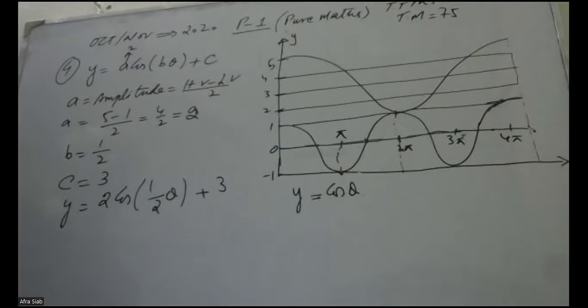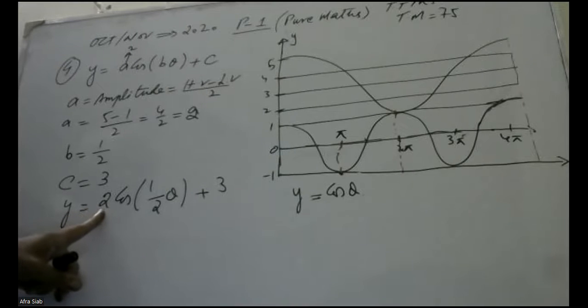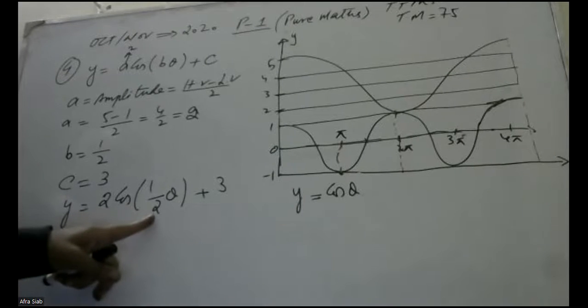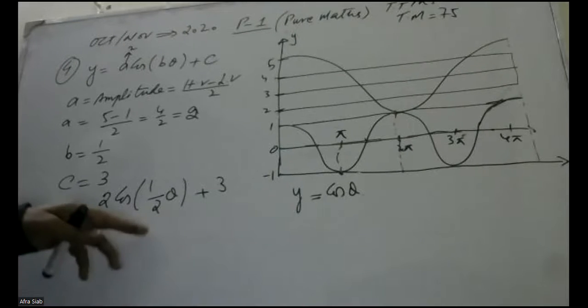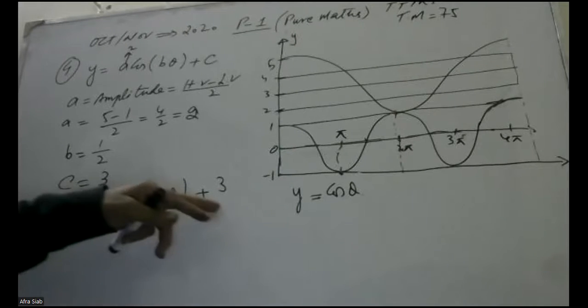So basically it is first A, which is vertical stretch, A with the 2, then cos half theta, that means what? It is stretching on the y-axis with the scale factor is equal to 2 and plus 3, which is translated upward.